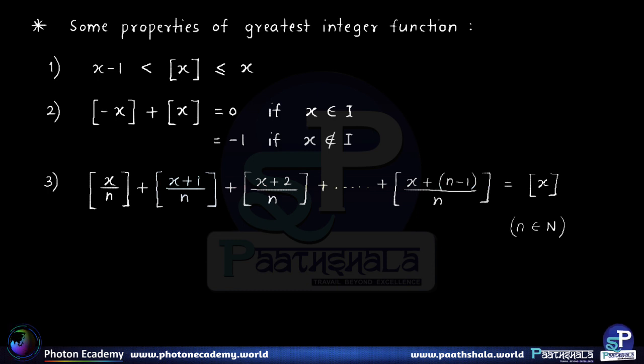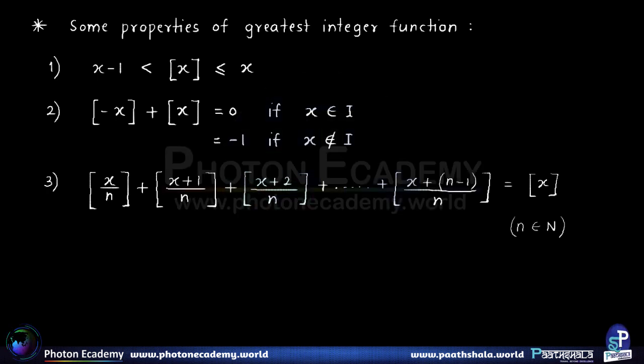The second property says that if bracket minus x plus bracket x is computed, then it is equal to 0 if x is an integer, but if x is not an integer, then the answer will be minus 1. And this also we can quickly verify using any example. The third property is a bit peculiar, we have to remember it properly.